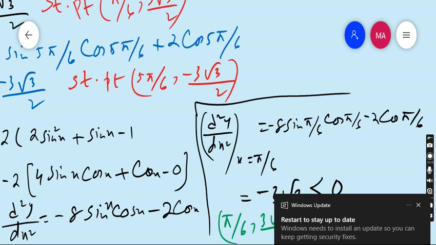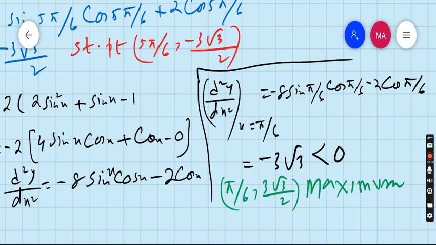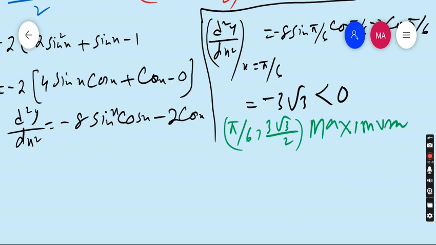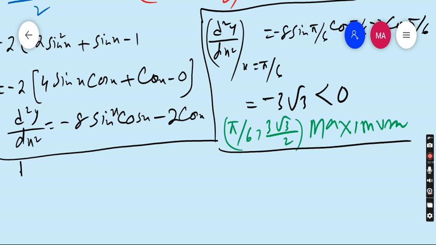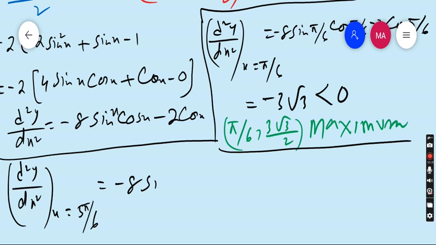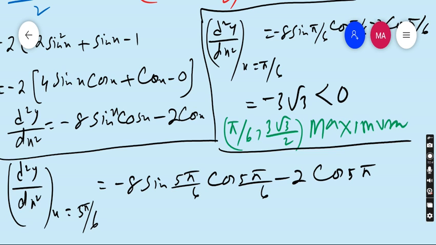Now check the second value of stationary point. d square y by dx square when x is 5 pi by 6. So minus 8 sin 5 pi by 6 cos 5 pi by 6 minus 2 cos 5 pi by 6.